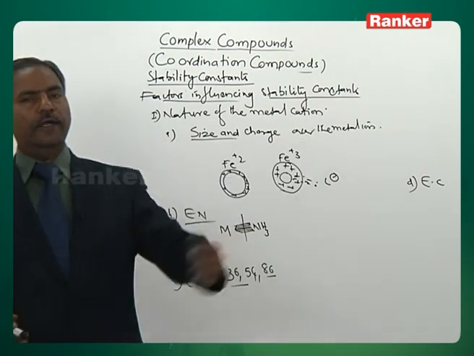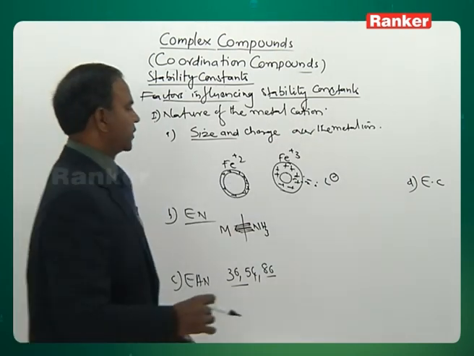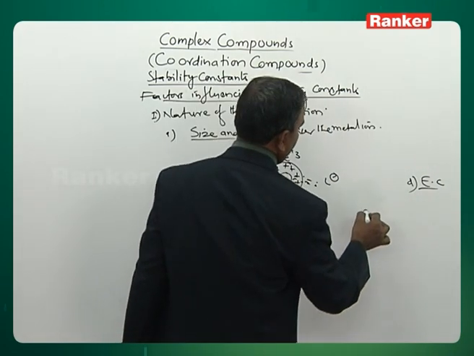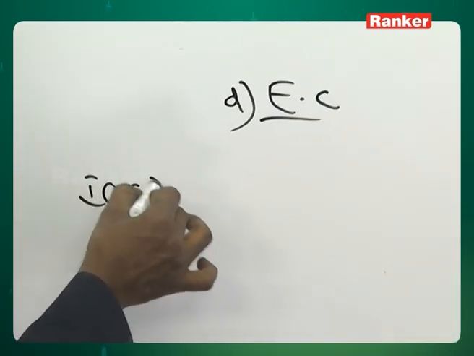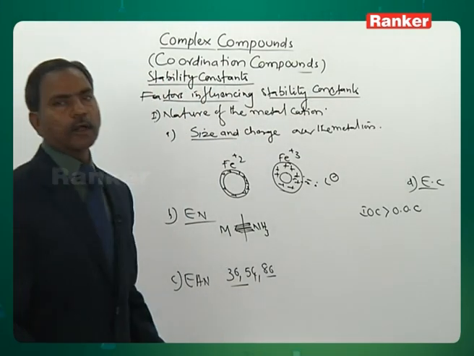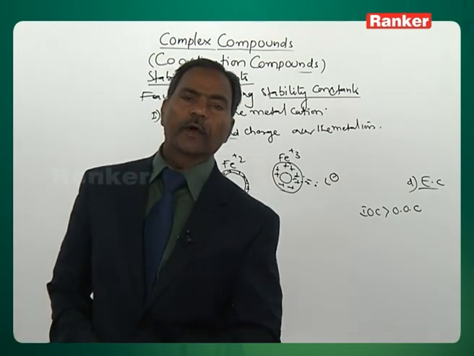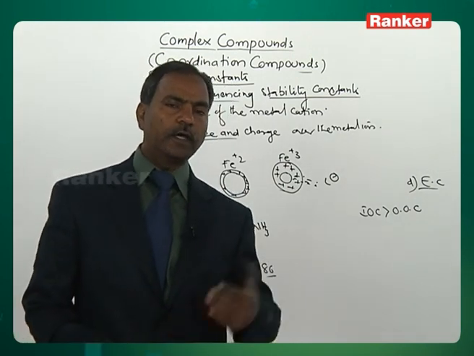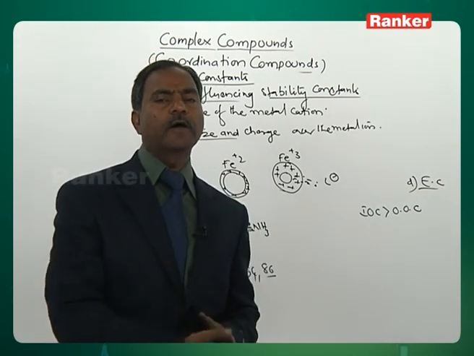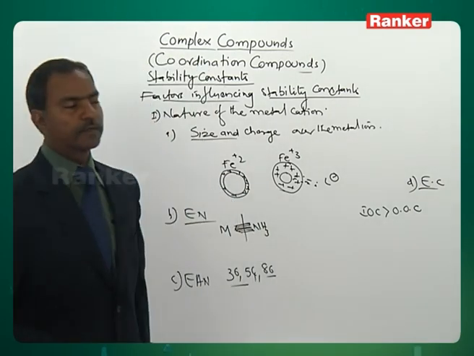Next, electronic configuration. Here we have to discuss electronic configuration. Generally, inner orbital complexes are more stable than outer orbital complexes. Why is inner more stable and outer less stable? We have discussed many inner and outer complexes under applications of crystal field theory.